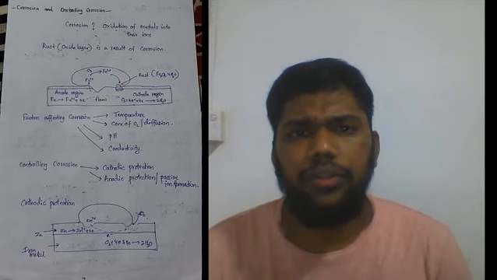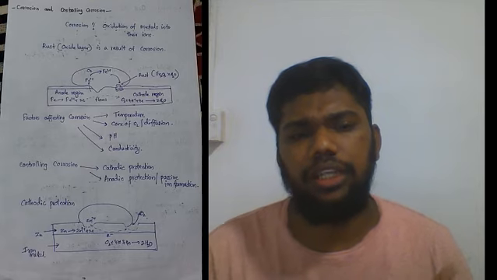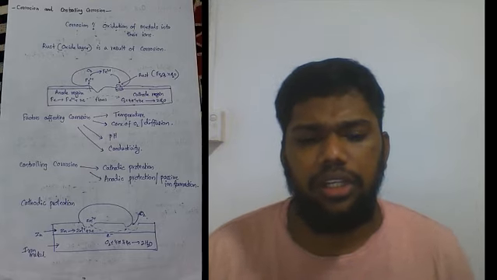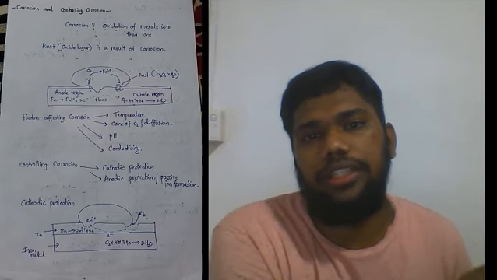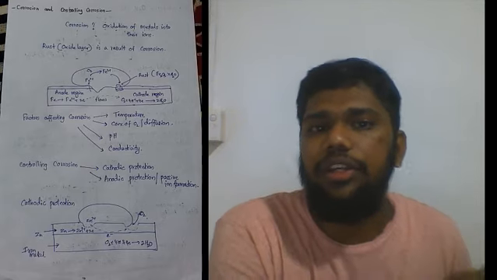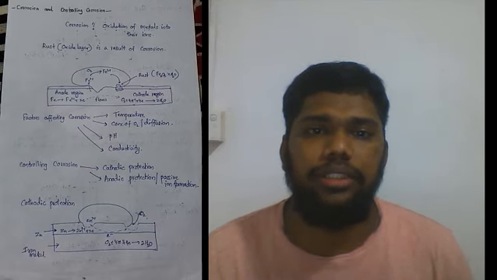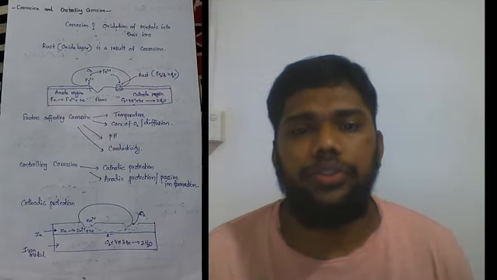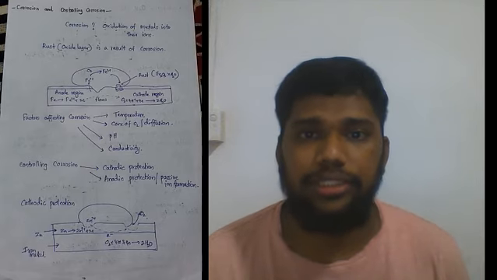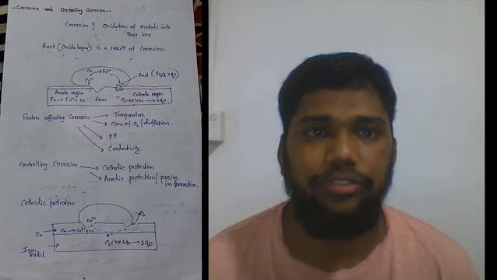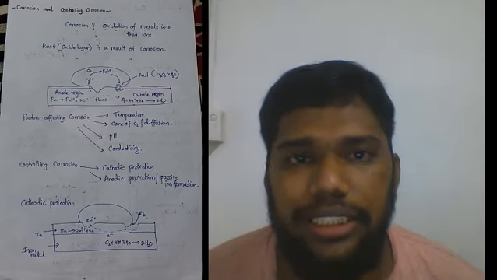I have included corrosion here because talking about corrosion in an electrochemical cell is not related; the electrochemical cell you need to understand separately. So I have included corrosion here as an application of electrochemical cells. What you need to know is that when rusting happens, an electrochemical cell is formed. Moving on, we are going to talk about the final section.